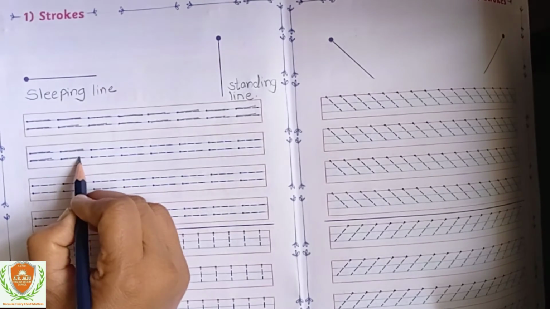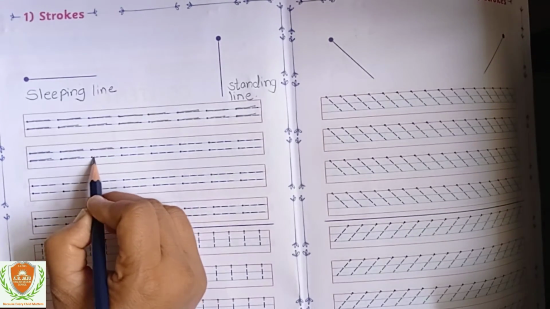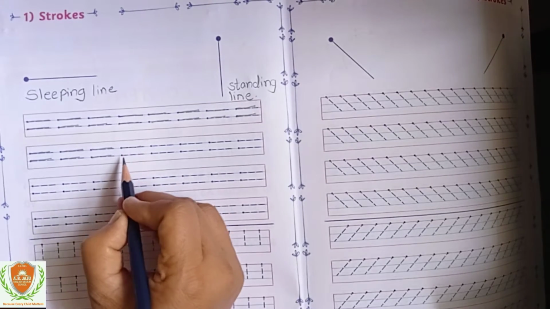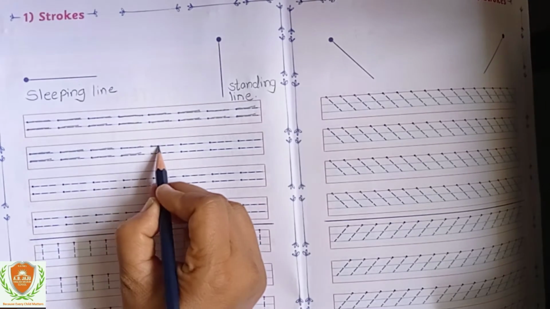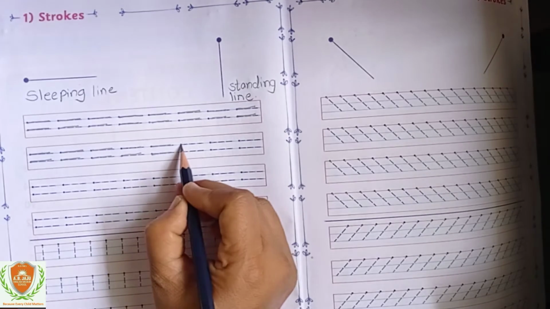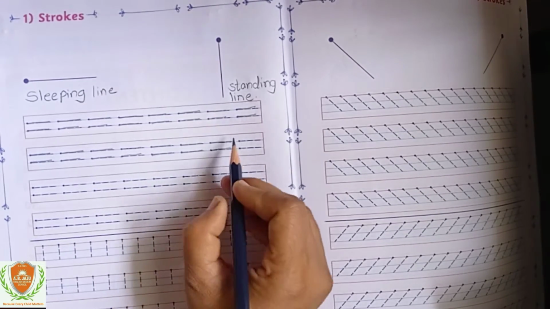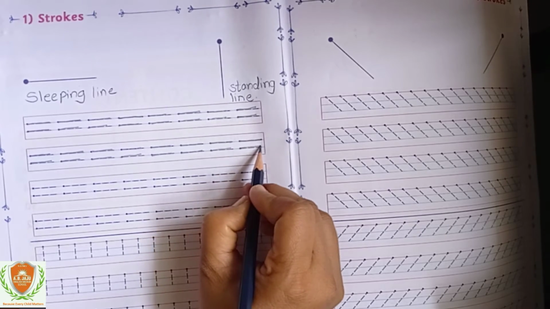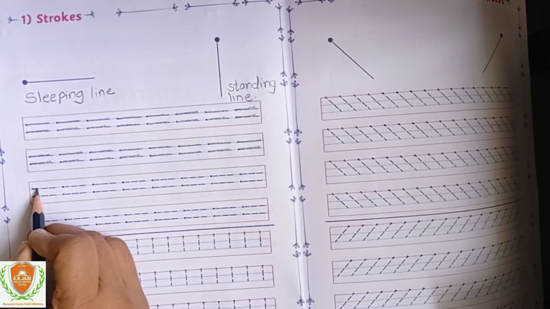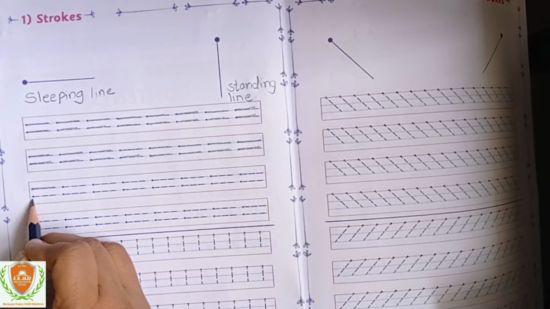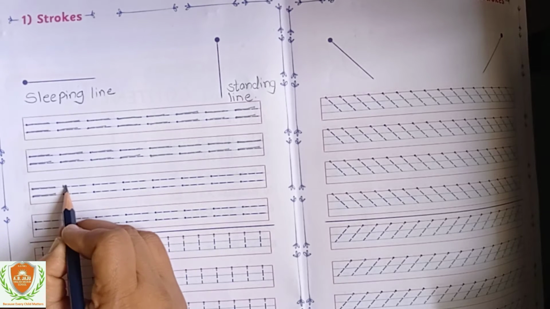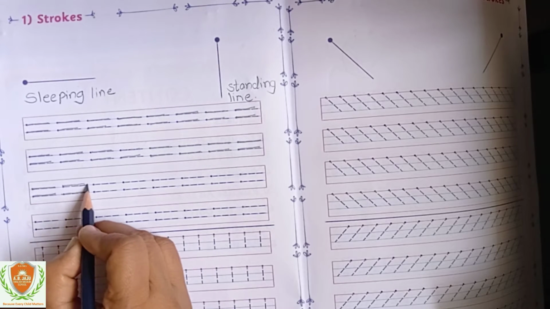Okay, now what we have to do? We have to write only on the two blue lines. So we have to write sleeping line. We only have to trace the dots. Start from left and go to the right side. This is called sleeping line.